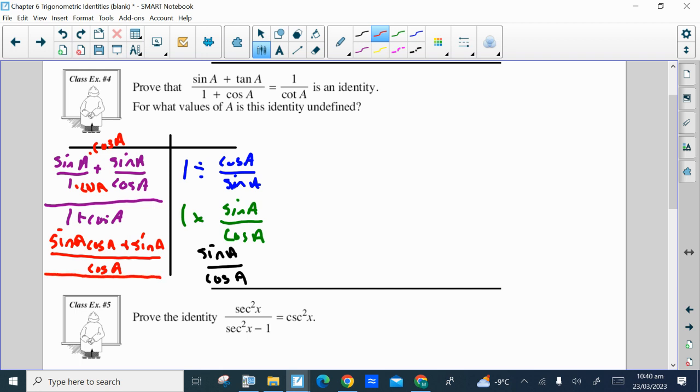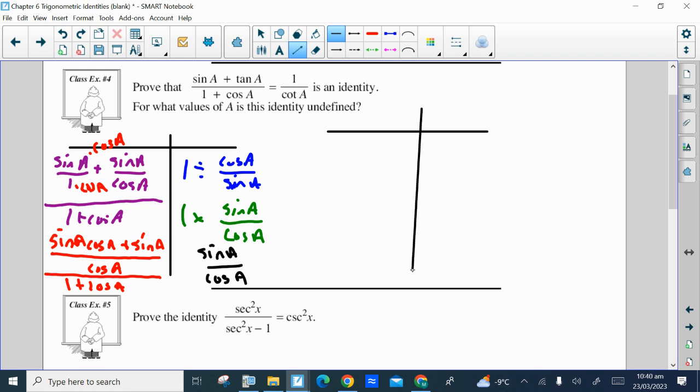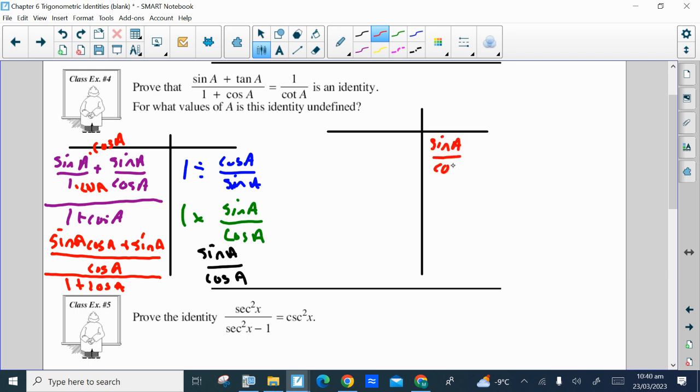And again, we can't forget that is all divided by 1 plus cosine A. So I'm going to continue working my way down that left side. The right side is sine A over cos A. We need to continue to work down the left side to also get sine A over cos A.